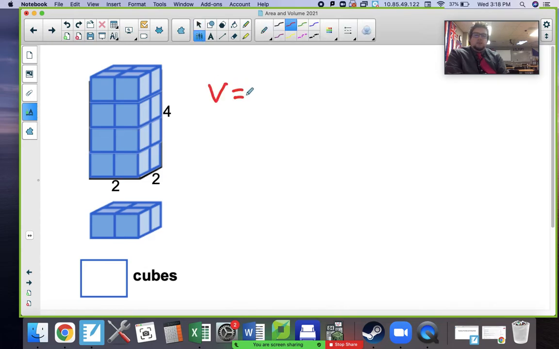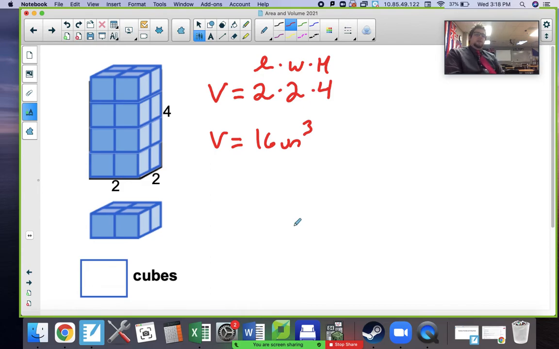We see that's how we find the volume of 2 times 2 times 4, because that's length times width times height. Units cubed of volume.